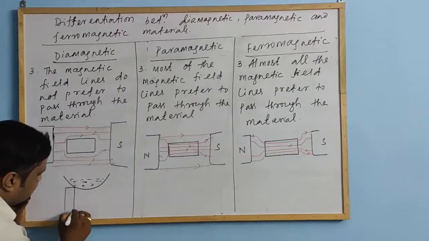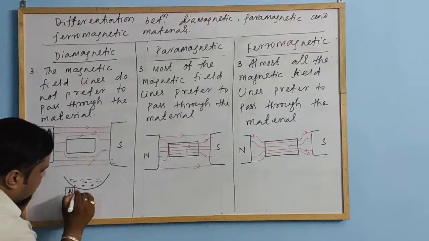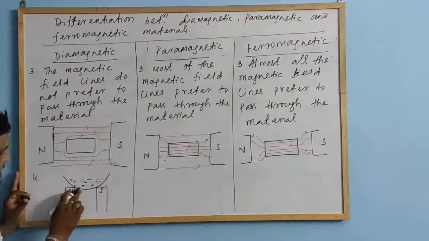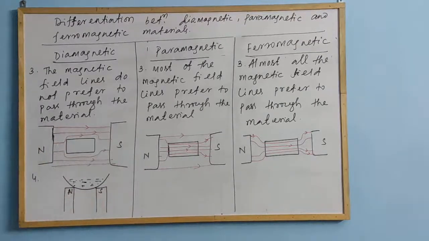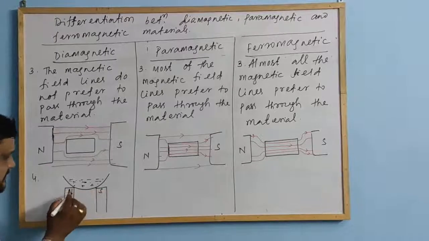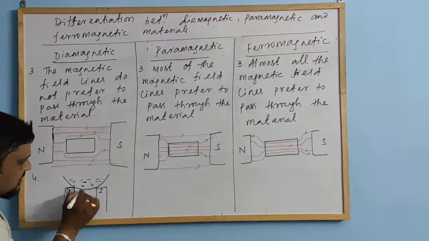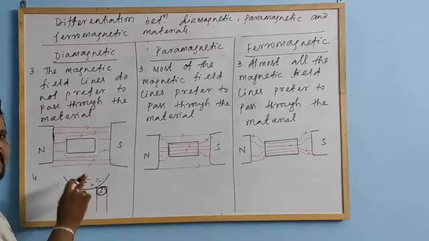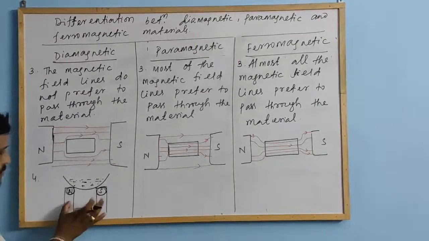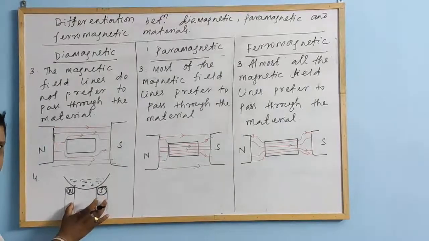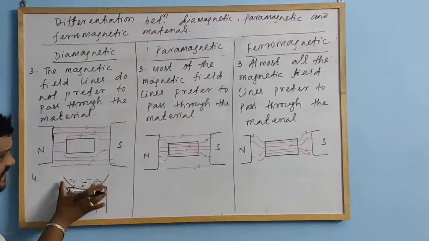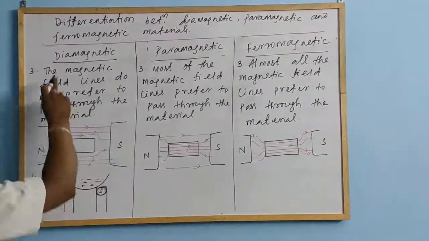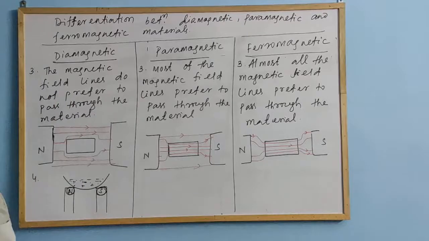Let me draw this one, a north pole and a south pole. This watch glass is placed over two magnetic poles like this.